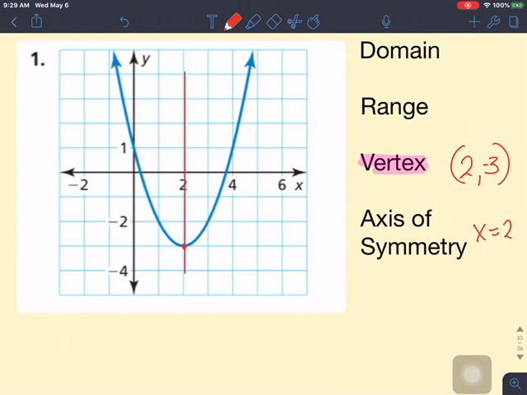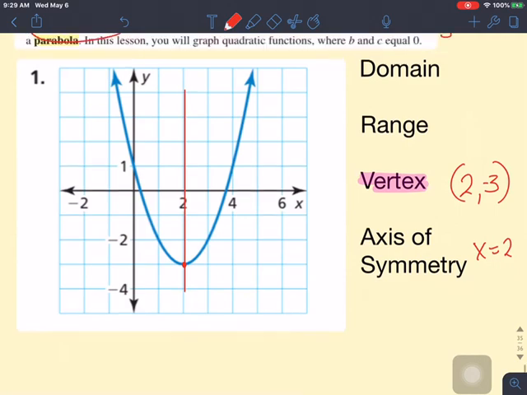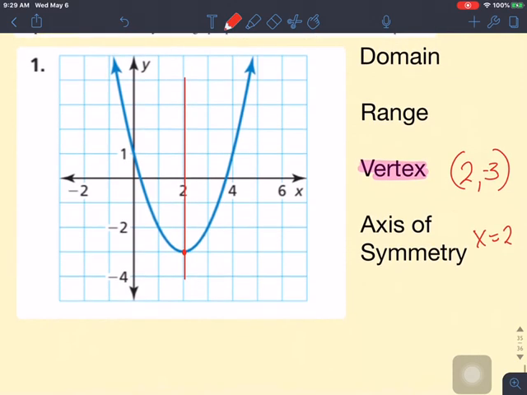Symmetry means that we split this parabola up into 2 mirror images. The left half and the right half are mirror images of one another. If this was an actual piece of paper, where would I fold it so that the left half of the parabola would directly overlap the right half? I don't want to beat that horse to death, so I'll leave it there.